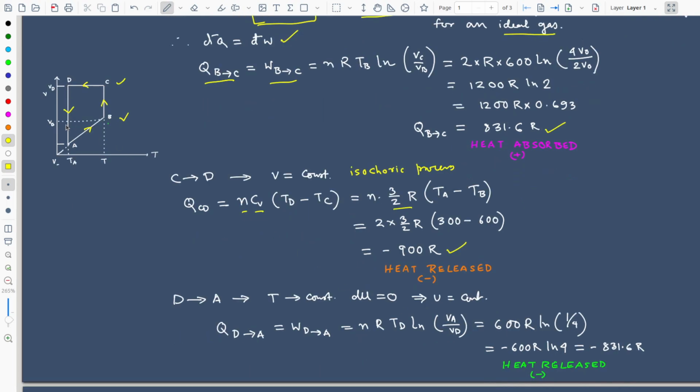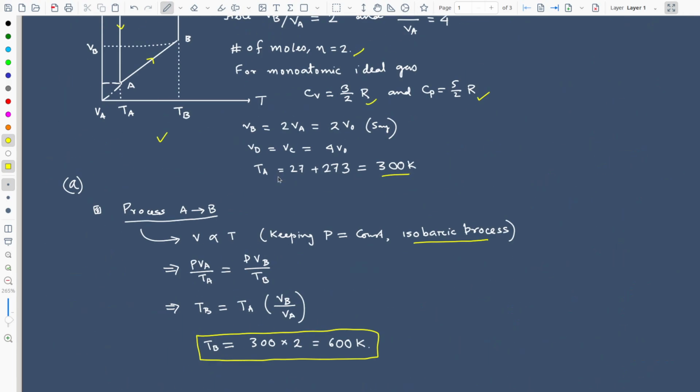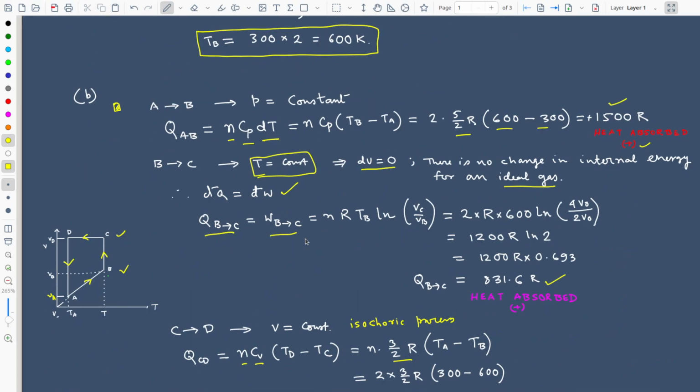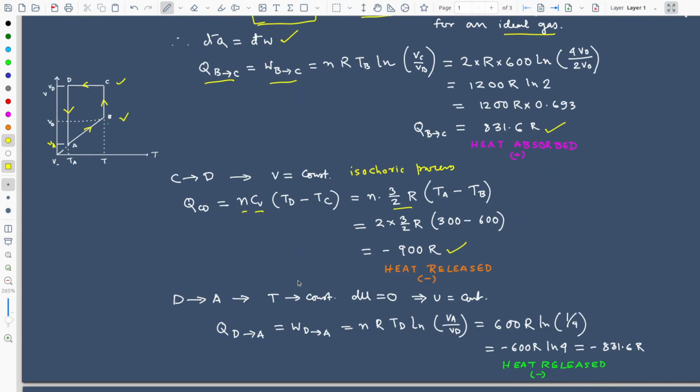And the DA process, again isothermal compression, because volume is changing and it decreases from Vd to Va.